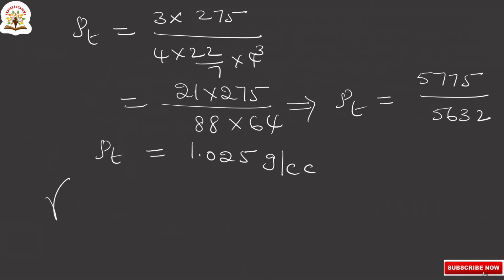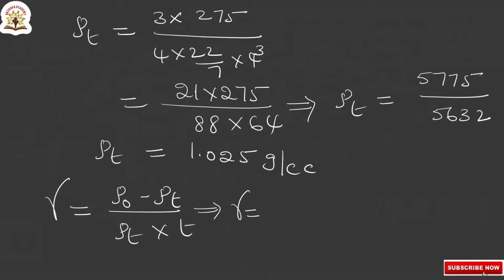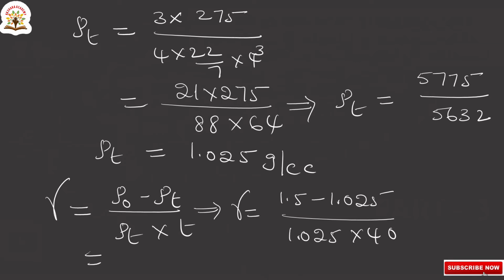Now coefficient of cubical expansion gamma is equal to rho naught minus rho T by rho T into T. So that implies gamma is equal to rho naught, nothing but 1.5 minus 1.025 by 1.025 into 40. This one we are getting 0.475 by 41.